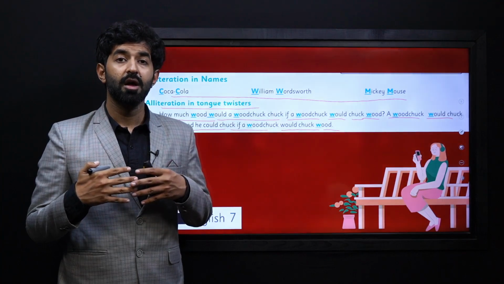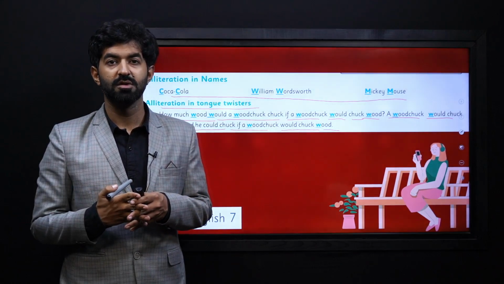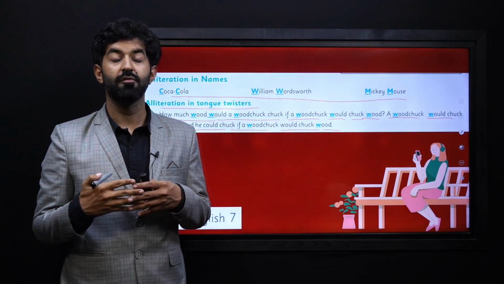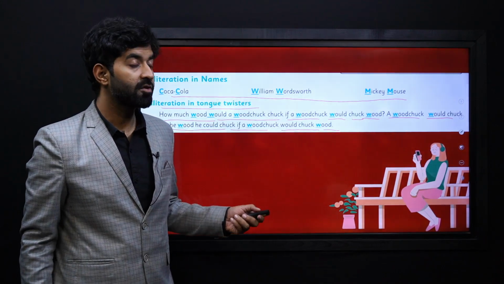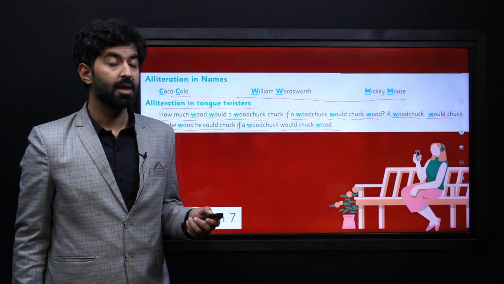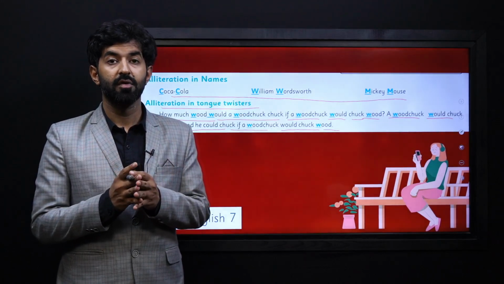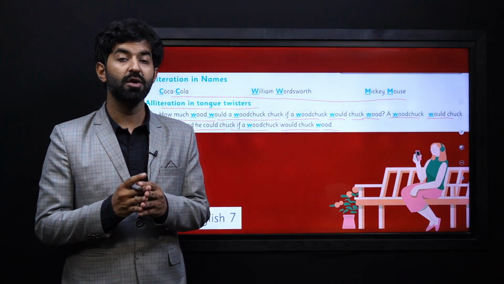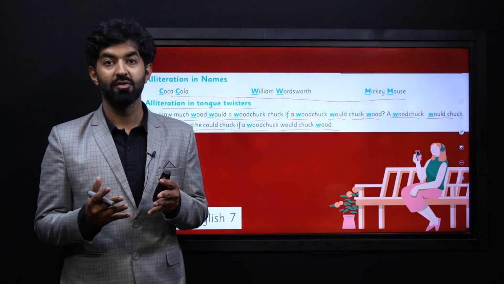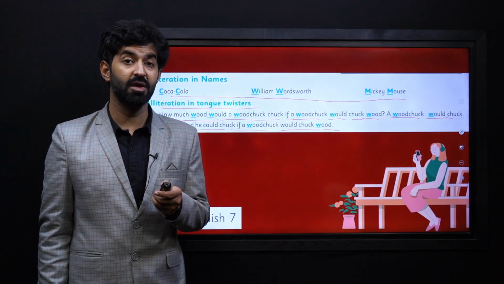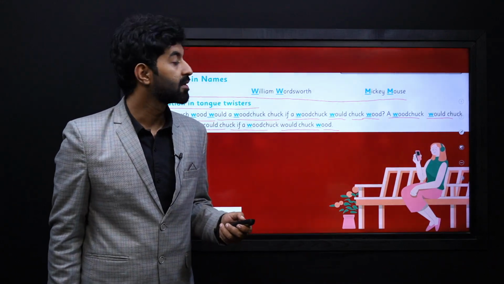This will allow you to say all these different kinds of sounds together in a very fluent way and you will be a very good speaker of the English language. You can try and practice this tongue twister, and you can see that tongue twisters have alliteration. Why? Because alliterations are very tricky to say. This is what we need to practice in our tongue twisters.